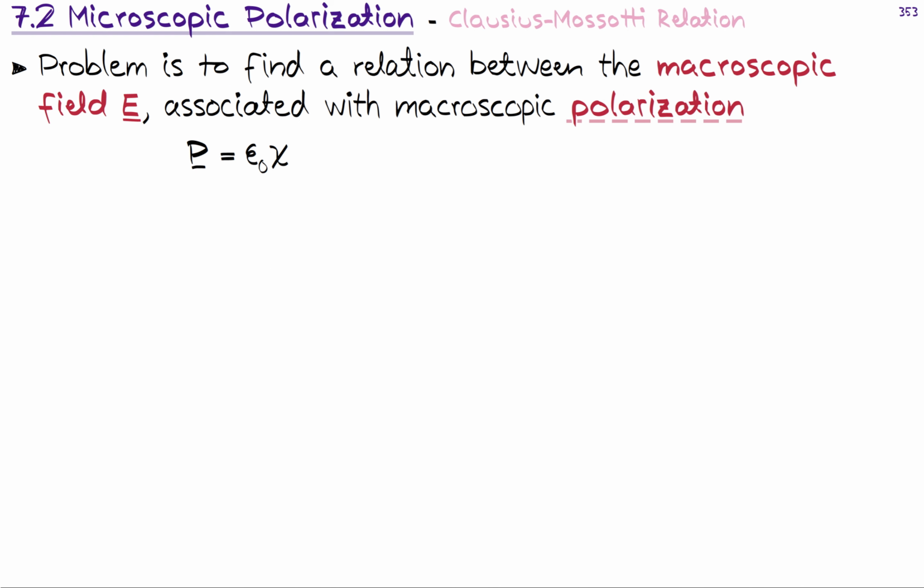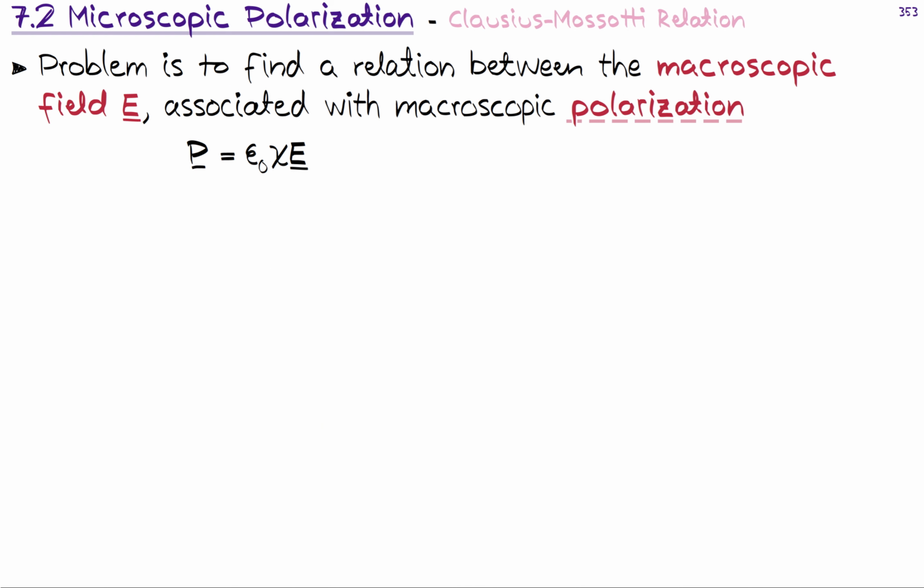The created macroscopic polarization field, the response of our material to an incident field, is equal to epsilon naught, the vacuum permittivity, times chi, the material susceptibility, times the incident field. Here this field is actually the incident field.